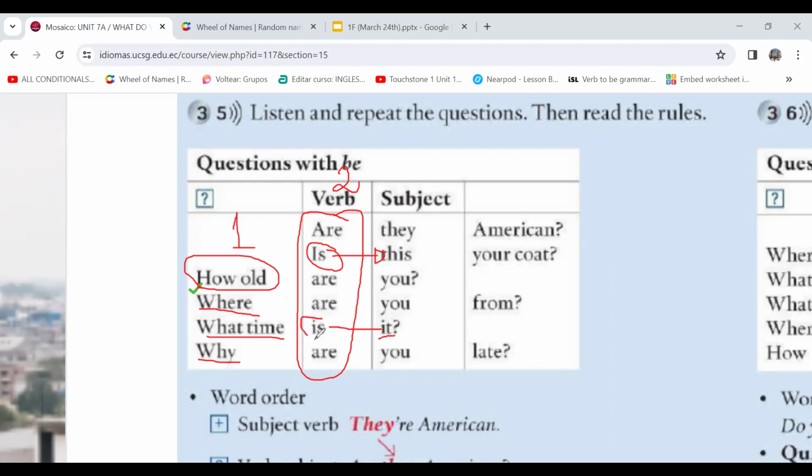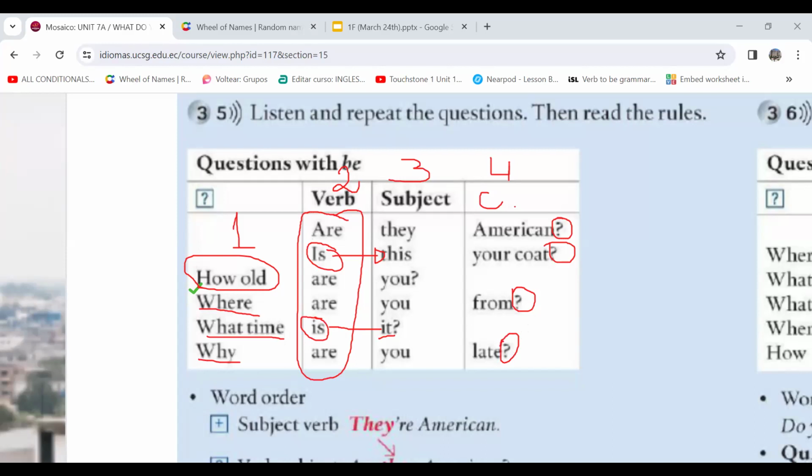For that reason, we use is. For the others, we are using are. So remember, then in the third position, we need the subject. And finally, this is practically the complement, okay? And don't forget the question mark. Si el sistema les da el question mark, lógicamente ya no lo vuelvan a repetir, okay?